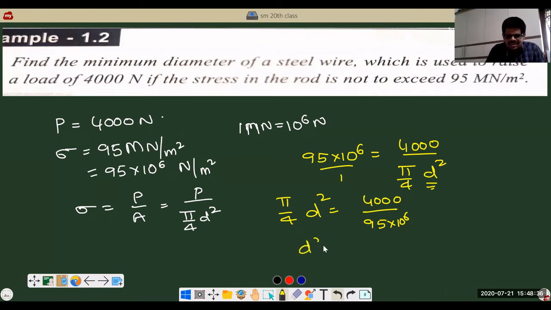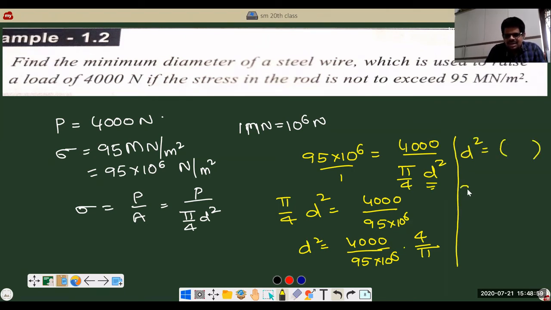Similarly, d square is equal to 4000 by 95 into 10 to the power of 6, and here it is pi by 4, so after going to the right hand side it becomes 4 by pi. Now tell me the value of d square first. Then d is equal to the root of that value. Now solve this.